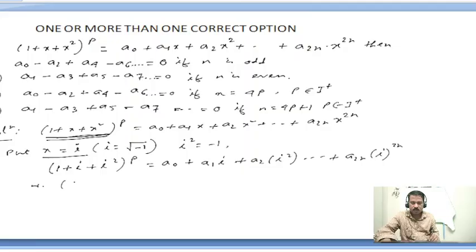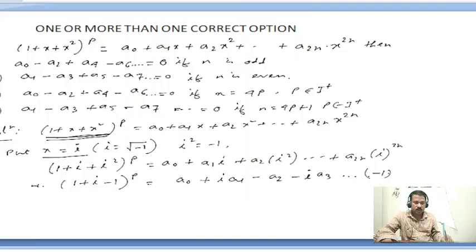So here (1 plus iota square) becomes (1 minus 1) whole to the power p, that is equals to a0 plus iota a1 minus a2 minus iota a3 and so on, to minus iota whole square means (minus 1) whole to the power n a suffix 2n. Now this one and this one cancel out.